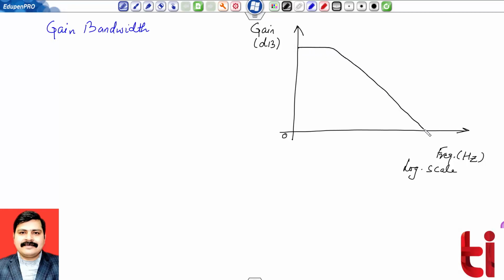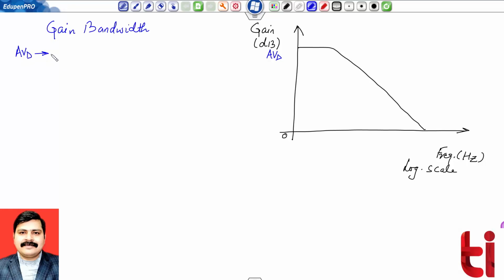This is the frequency response of the operational amplifier, where the maximal value is termed as AVD.